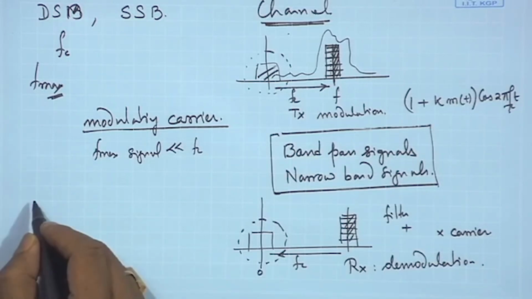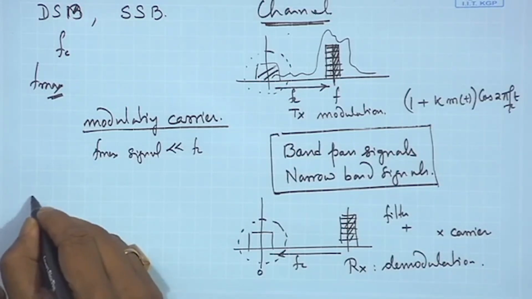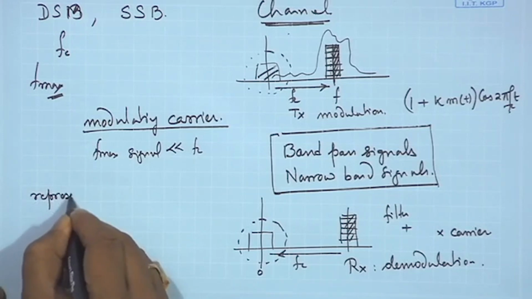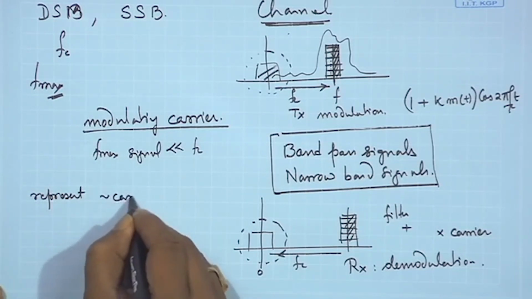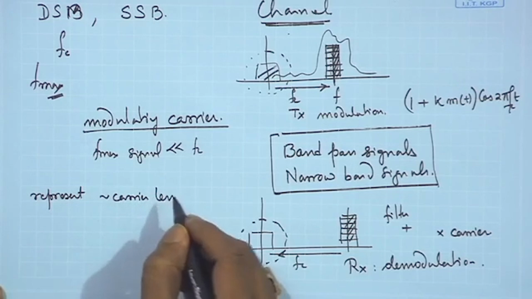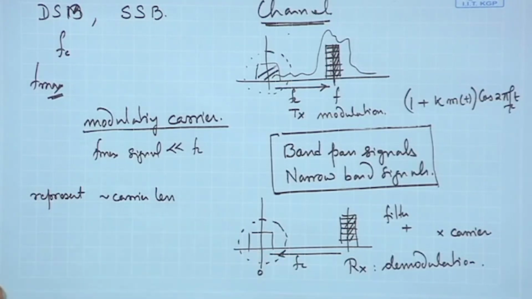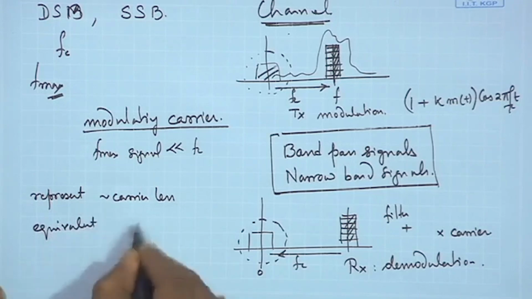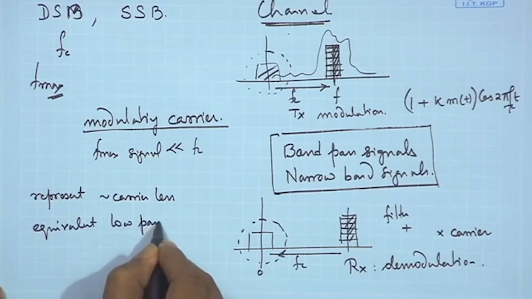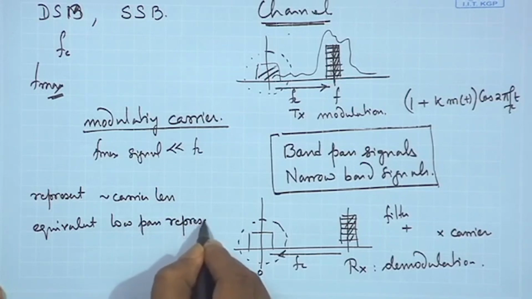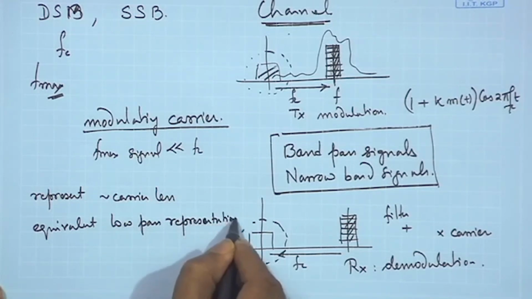So, therefore, we can say that we would like to represent a carrierless representation or equivalent low pass representation, right.